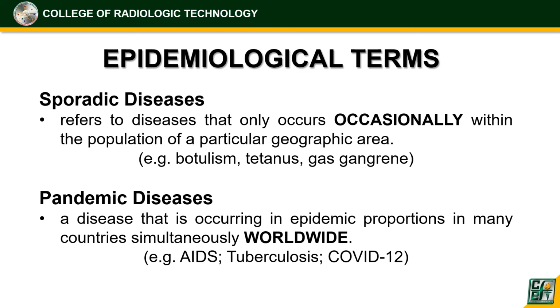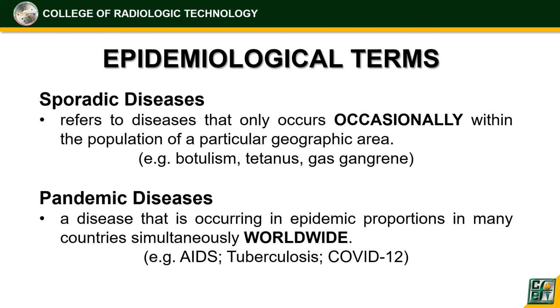Okay, sporadic, occasionally occurring within a population of a particular geographic area. Endemic, always present within the population of a particular geographic area. Epidemic, outbreak, greater than usual number of cases, usually for a short period of time.